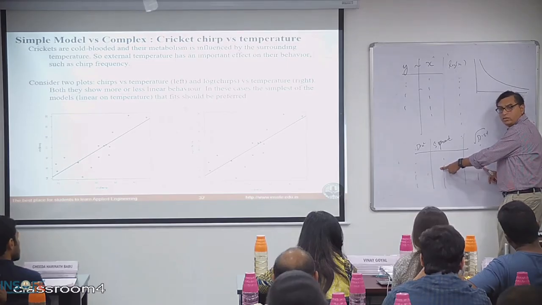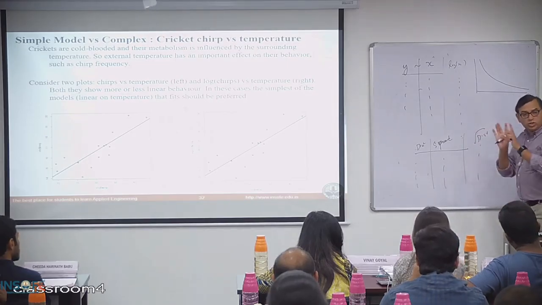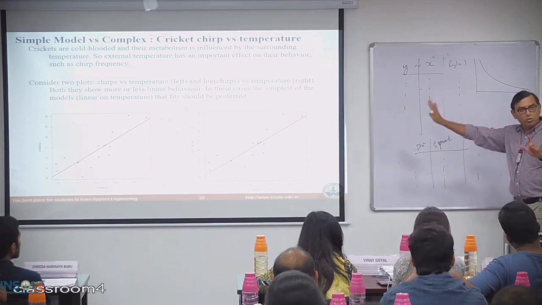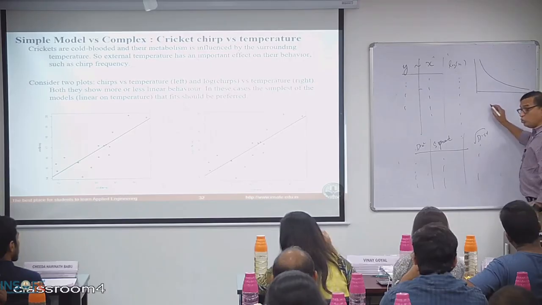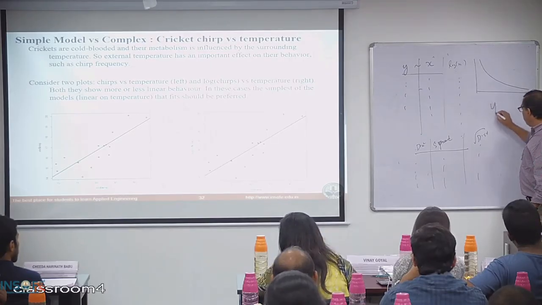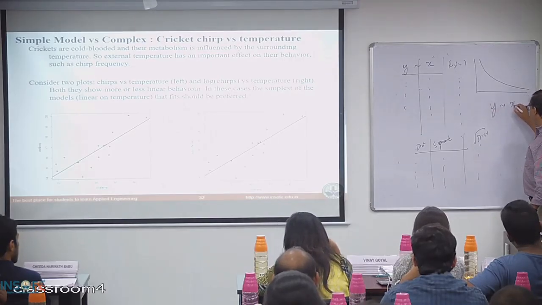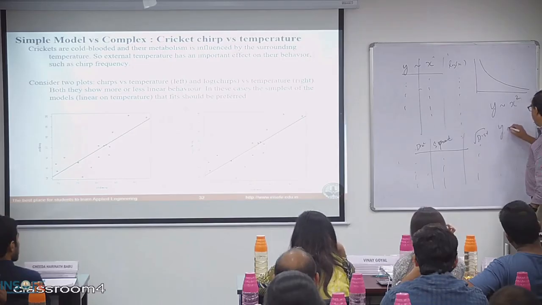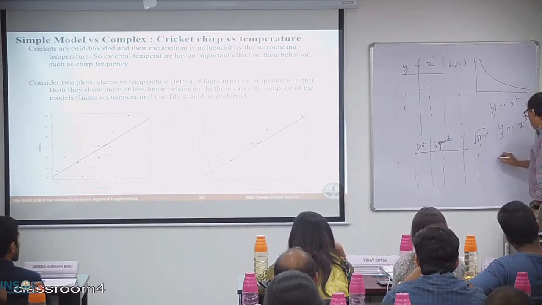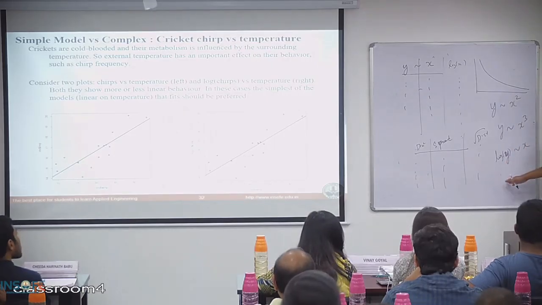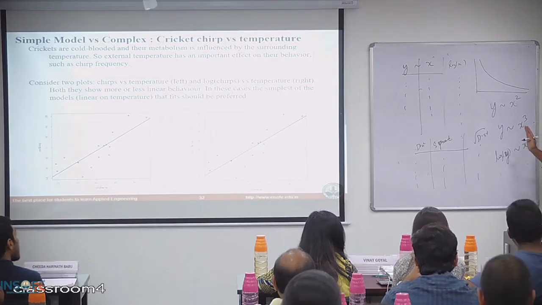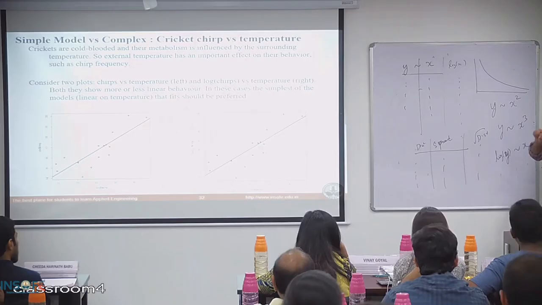Generally, this whole idea of nonlinear transformation allows you to fit y as a function of x square, or y as a function of x cube, or log of y as a function of x. Any of these combinations you can do. Is that clear? You're just doing one transformation.